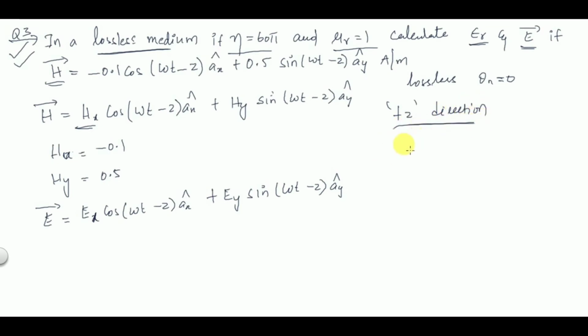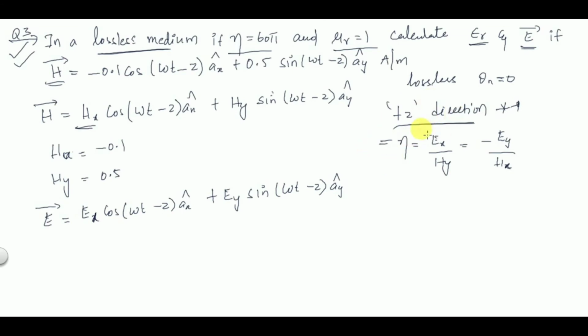When the wave is traveling along the plus z direction, what is the formula for eta? Eta is Ex by Hy, or it is minus Ey by Hx. I have already explained this in the concept of wave impedance, intrinsic impedance, clearly showing how to write the formula for eta for different directions of wave propagation.